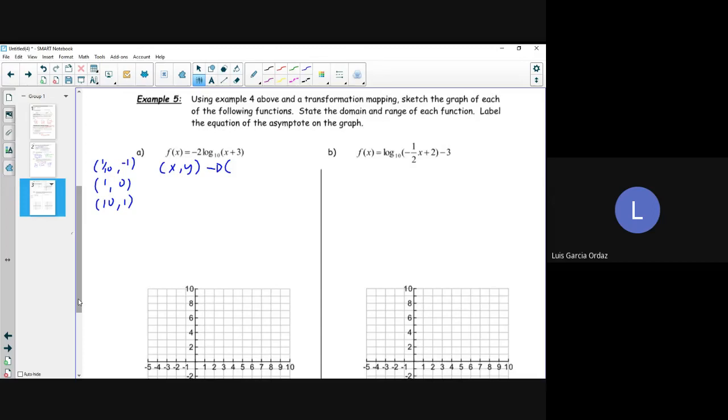We have (x, y) transforms into (x minus 3, negative 2y).